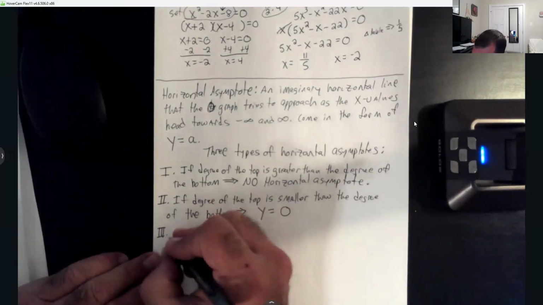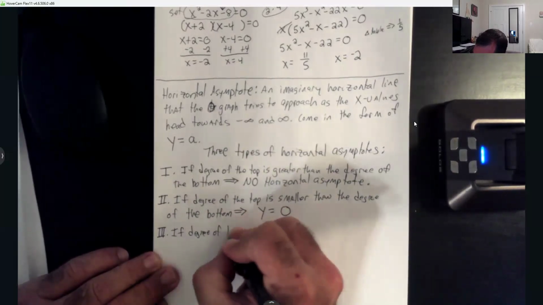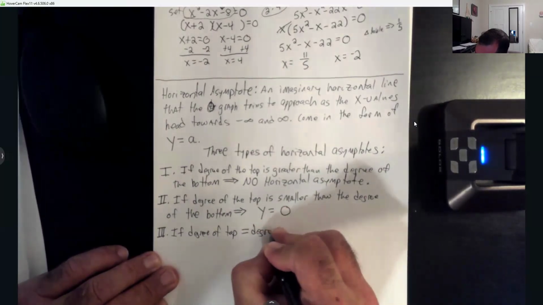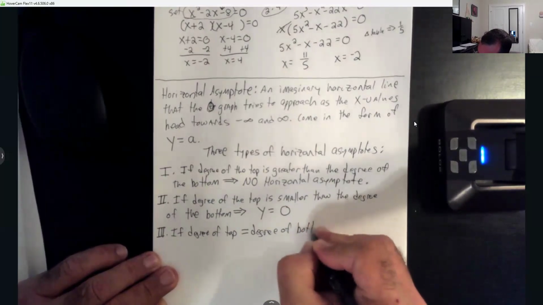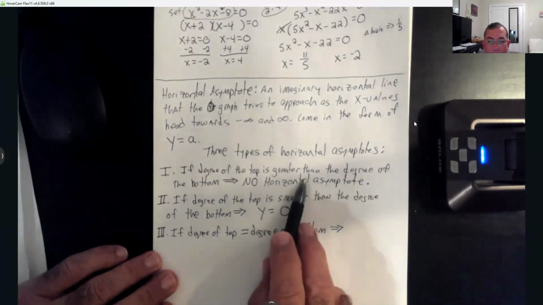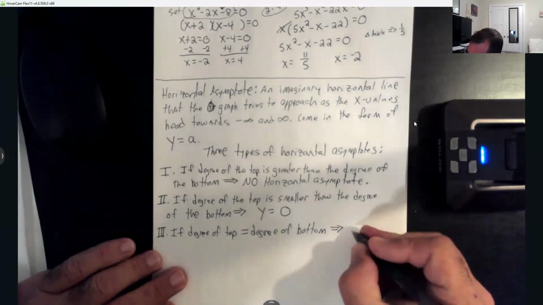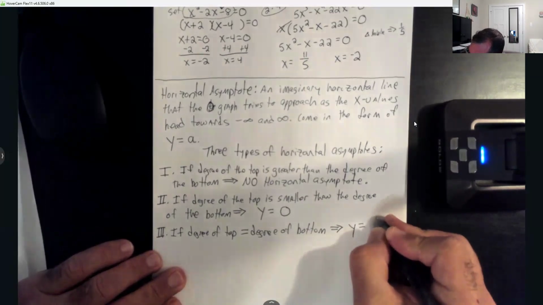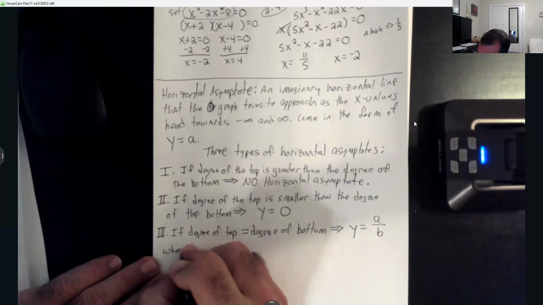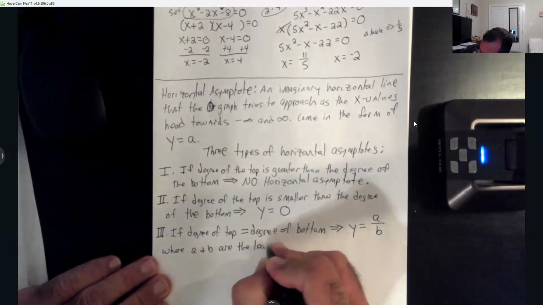What if they're equal? If the degree of the top equals the degree of the bottom, so I have an x squared on top and x squared on the bottom, those are my largest exponents. If they are equal, then the asymptote will be y equals a over b, where a and b are the lead coefficients.